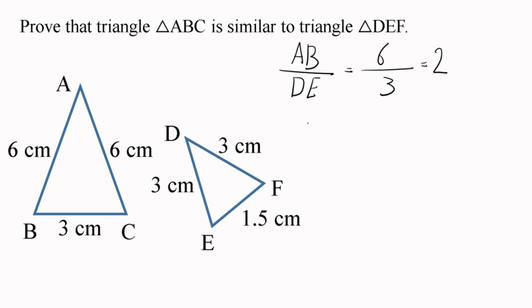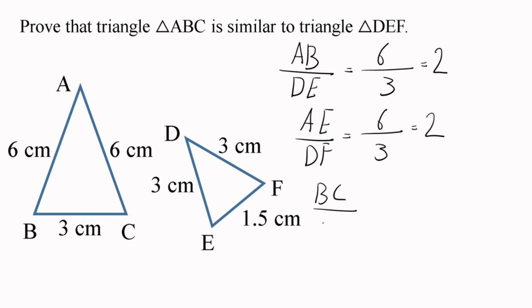And let's find the ratio of AC and DF from the second triangle, again, it's going to be 6 over 3. It's going to be 2. And finally, BC from the first and EF from the second, it's going to be 3 over 1.5. As far as I know, it's equal to 2. So I can realize that these ratios are equal to each other.